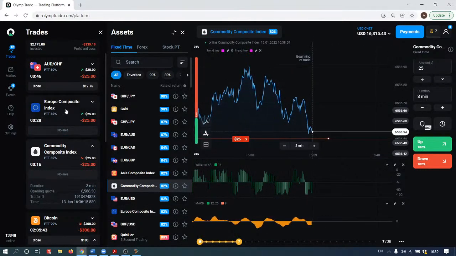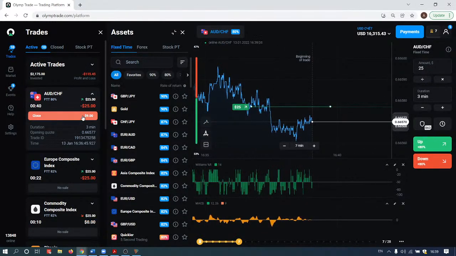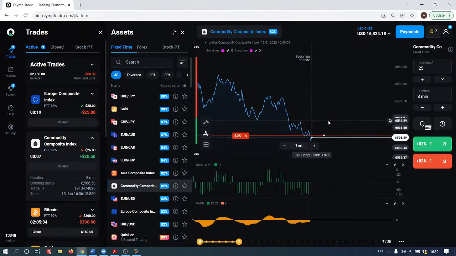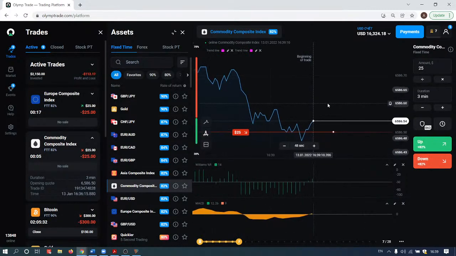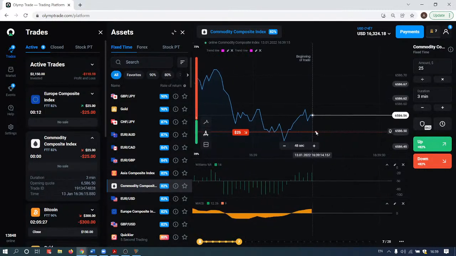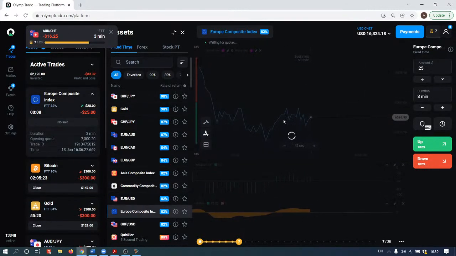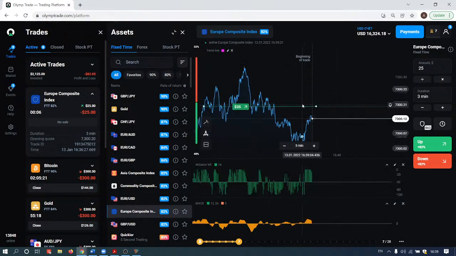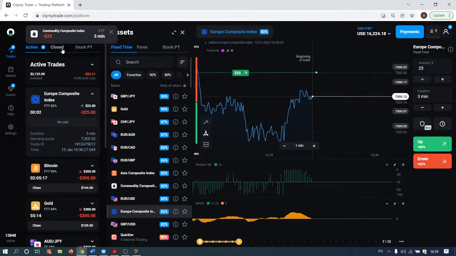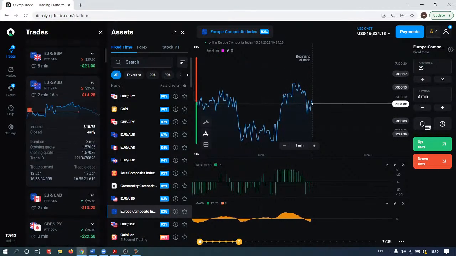So I'm hoping that this trade will close with a profit. AUDCHF. I also want to cancel it. So doing position management here.